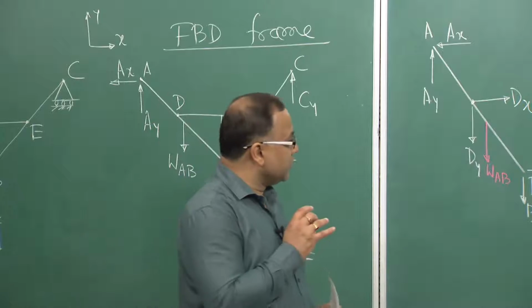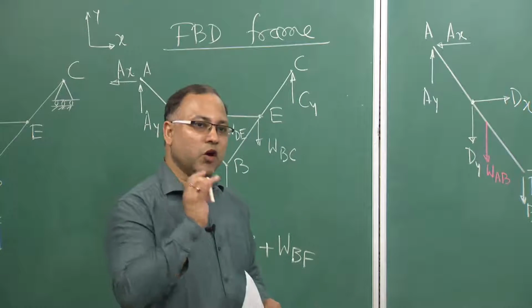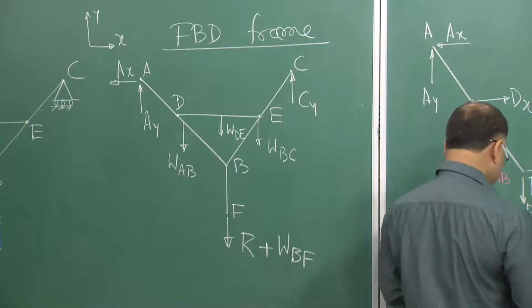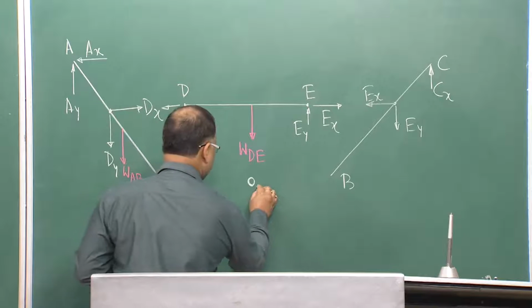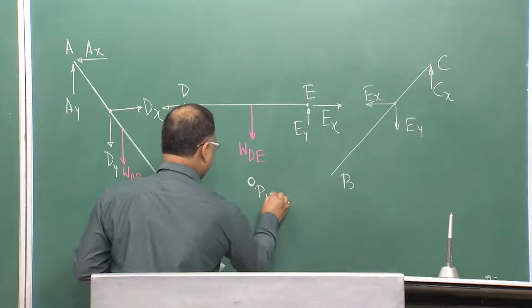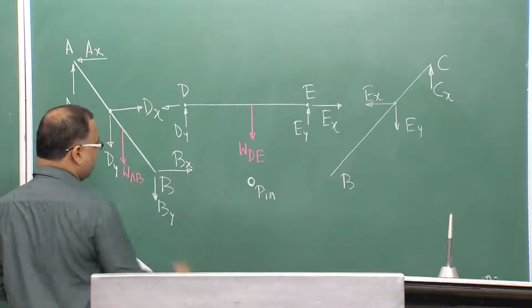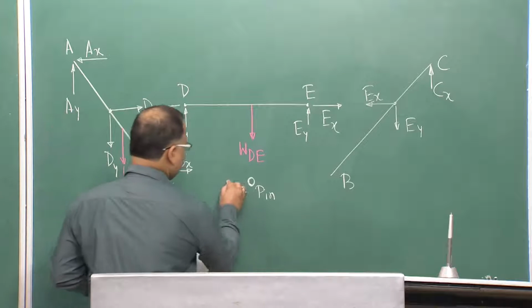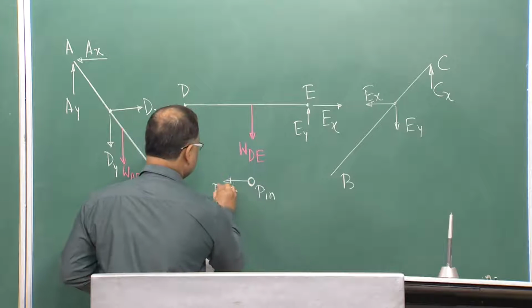So, let us draw the free body diagram of joint B only. That is nothing but your pin at point B. Already you have shown Bx in this direction, so it will have Bx in this direction.